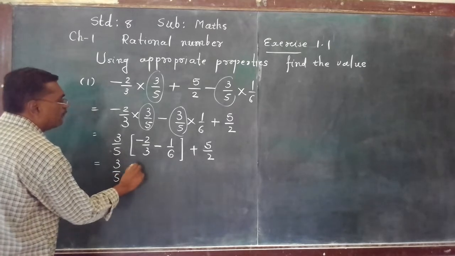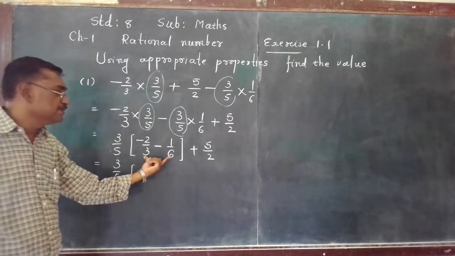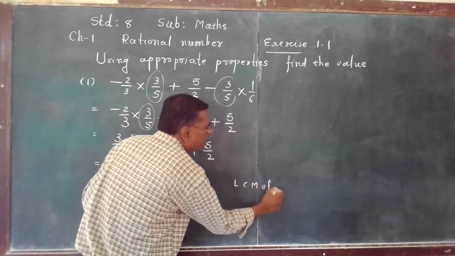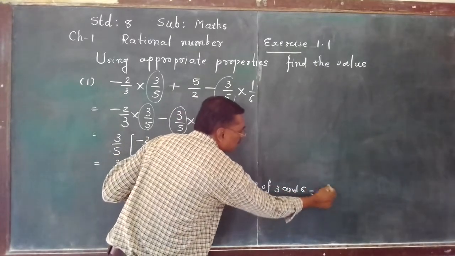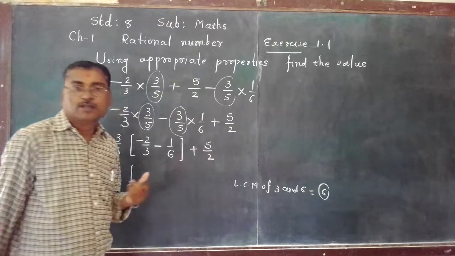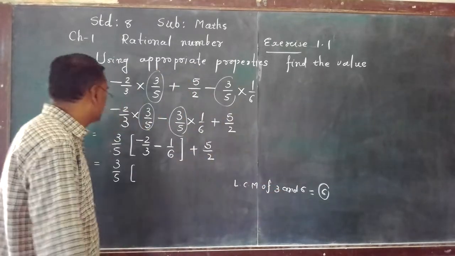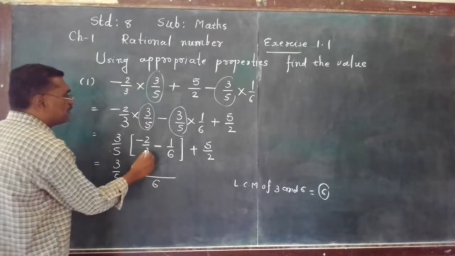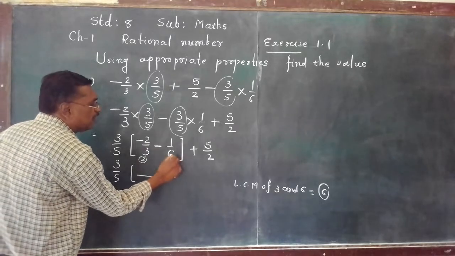3 upon 5. Now 3 and 6, LCM of 3 and 6 equal to 6, because 6 ones are 6 and 3 twos are 6. LCM is 6. So here is the 3. 3 twos are 6 and 6 ones are 6.